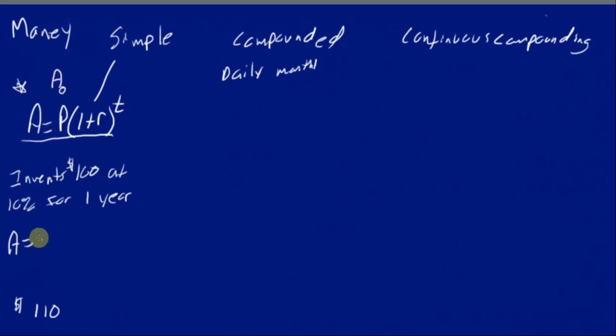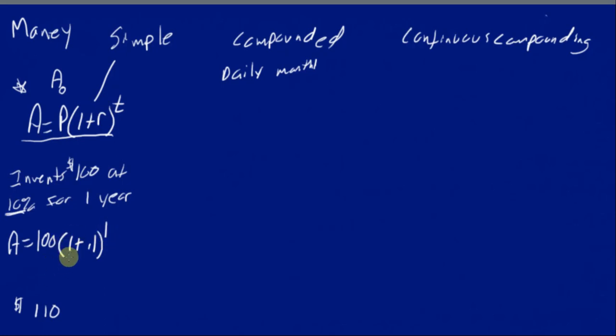So my beginning amount or my principal is $100. That actually is 100% of what I started with, plus the rate. Now my rate, remember, is never in percentages. So I got to move the decimal over 2 places, 0.1, and raise to the time. With money, time is always in years. So that's going to be 1 year.